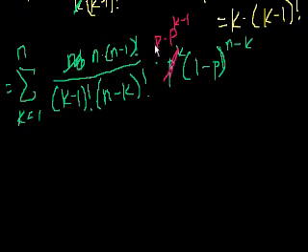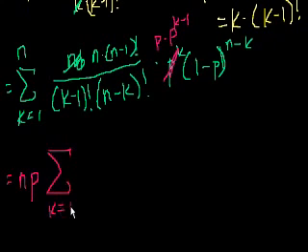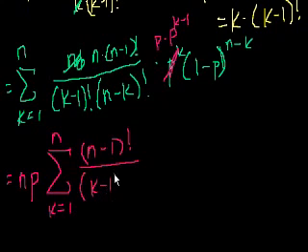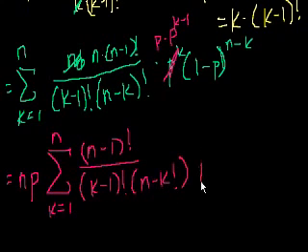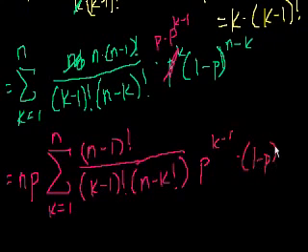And then we can factor out this n and this p, and we get np times the sum from k equals 1 to n of n minus 1 factorial over k minus 1 factorial times n minus k factorial, times p to the k minus 1, times 1 minus p to the n minus k. And we're close.